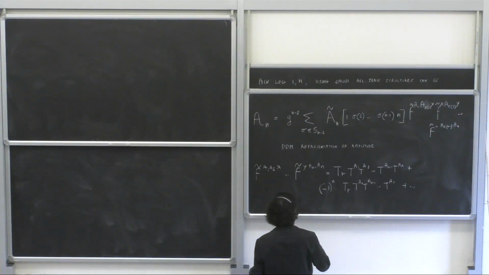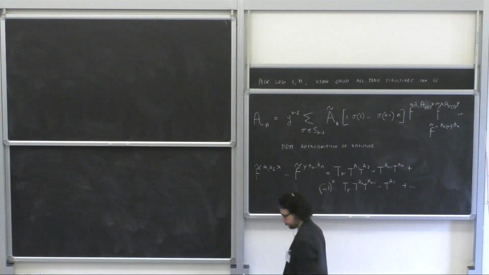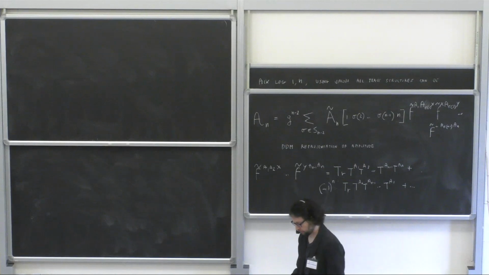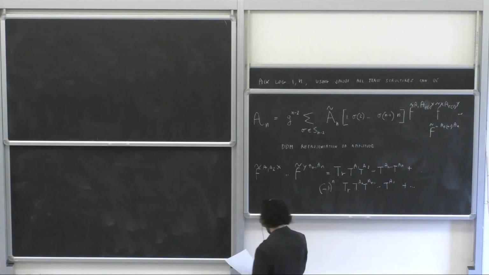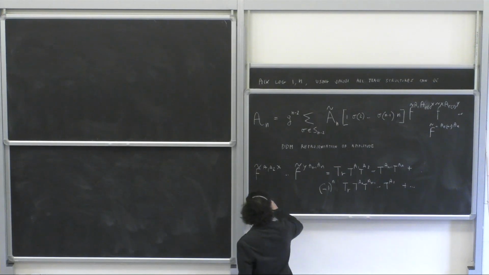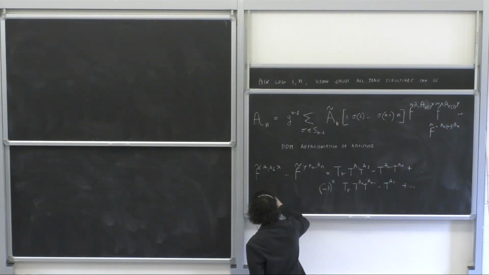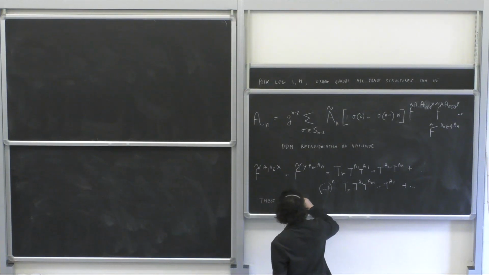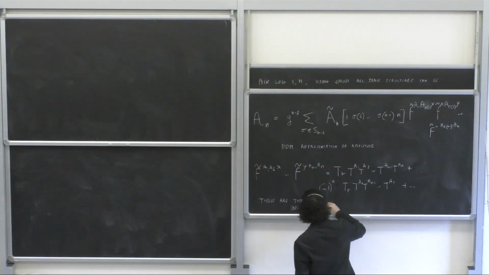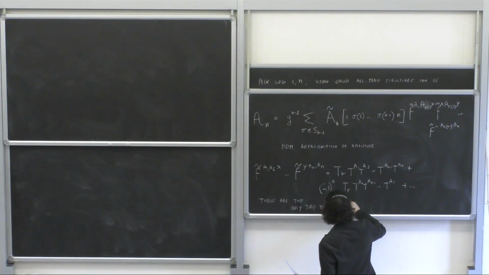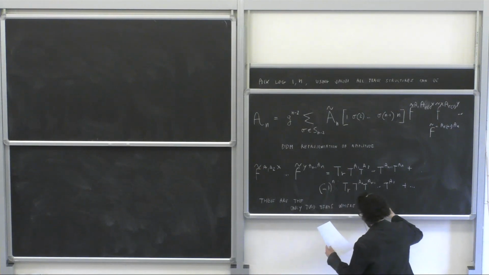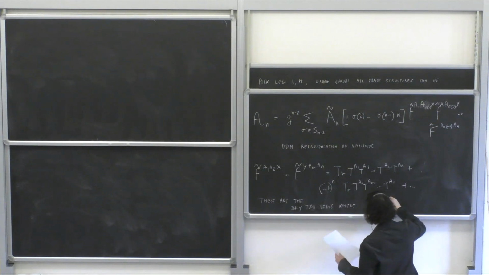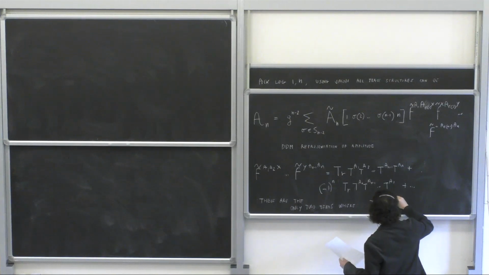Now, the observation I want to make, which you can, of course, already make at 4 points in the explicit presentation I gave before, is that the ones displayed are the only two terms where T^{a_1} and T^{a_n} are next to each other.